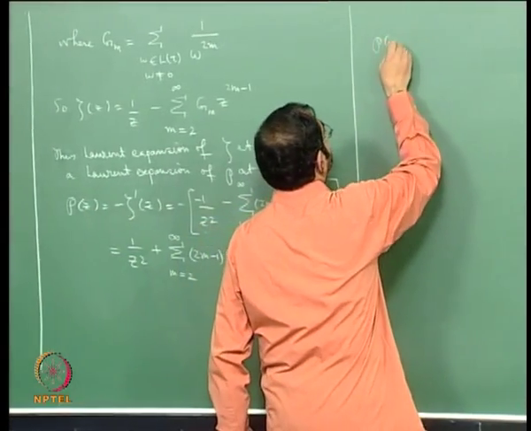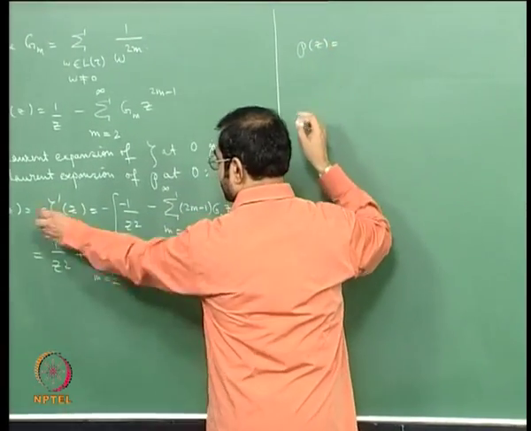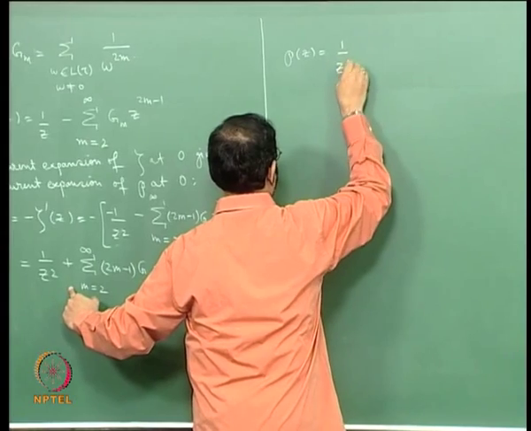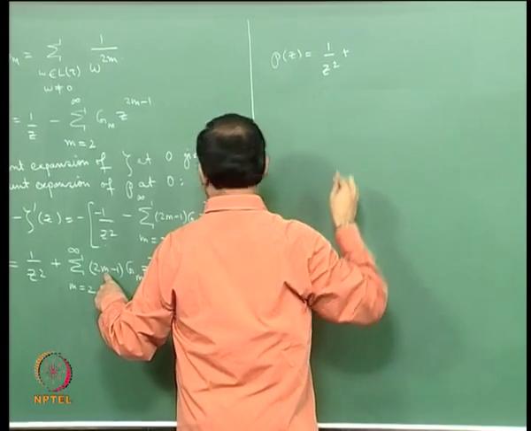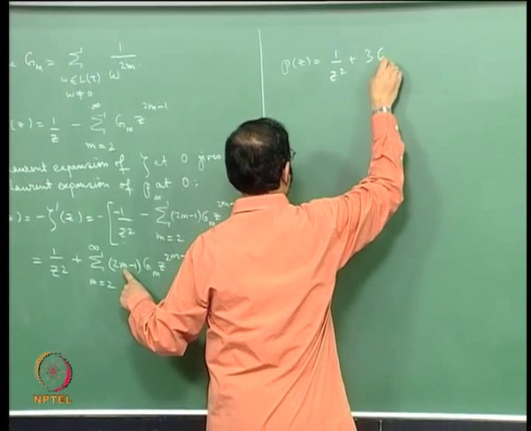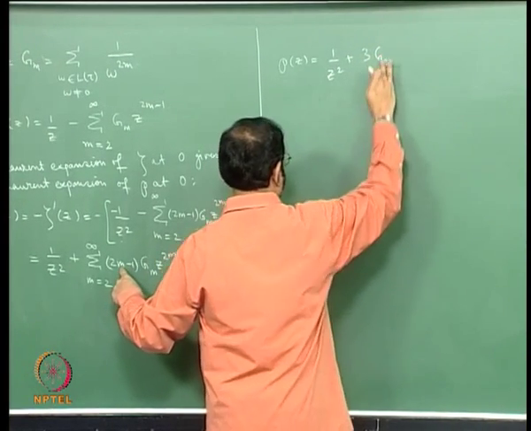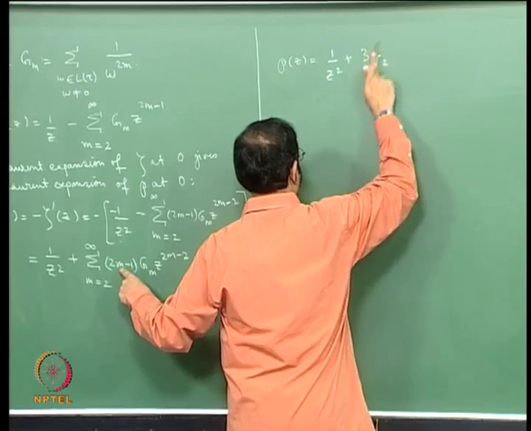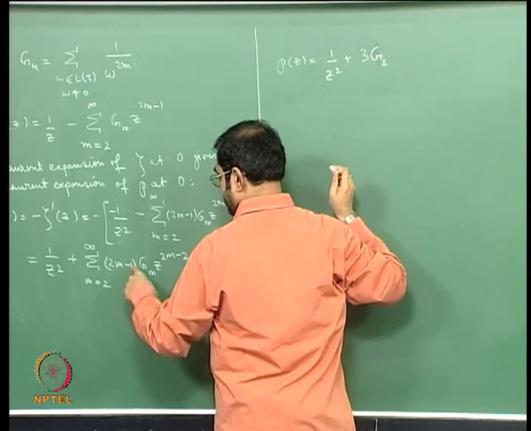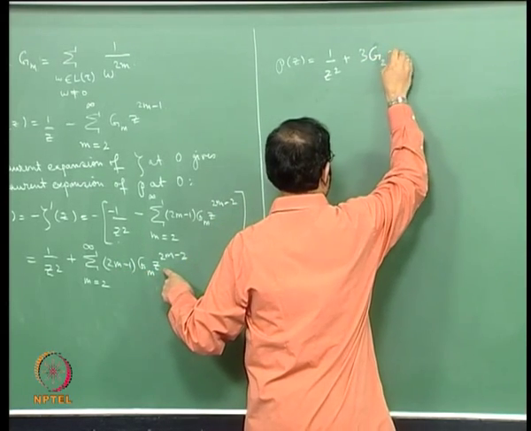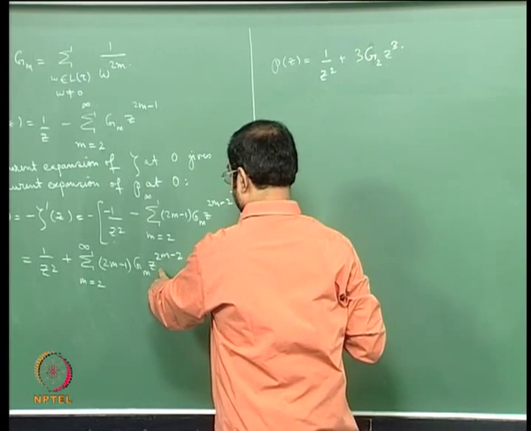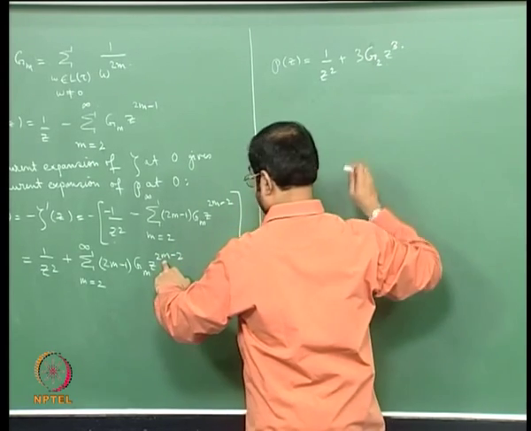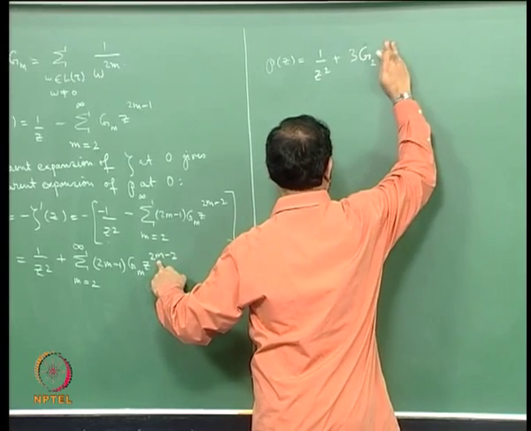So phi of z is, well, it's 1 by z squared plus, well, the first term if I put m equal to 2 I am going to get 3 g2 z power, z cube, okay, if I put m equal to 2 no, z squared, okay.